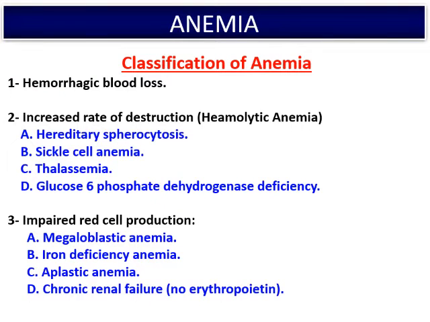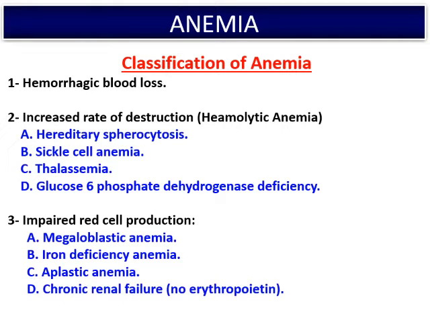And we can classify anemia into hemorrhagic anemia due to blood loss, or hemolytic anemia, which means an increased rate of destruction of red blood cells, or impaired red cell production. So we have three lines for anemia. Because anemia may be due to hemorrhage, I call it hemorrhagic anemia. Anemia may be due to an increased rate of destruction of red blood cells, I call this type hemolytic anemia.